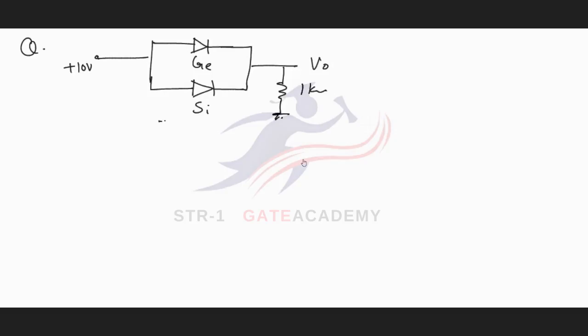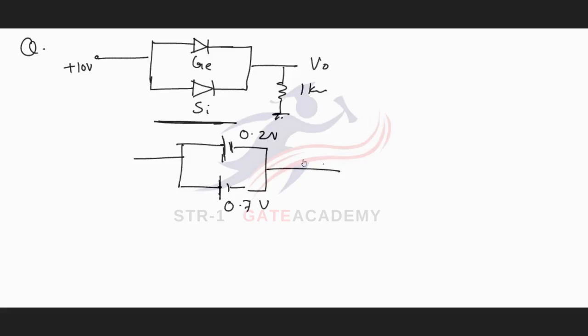When two diodes are connected in parallel, one is a germanium diode and the other is a silicon diode. If we replace both the diodes with their equivalent circuits, as both diodes are forward biased, one will be replaced with the 0.2 volt germanium diode and the other will be replaced with 0.7 volt.